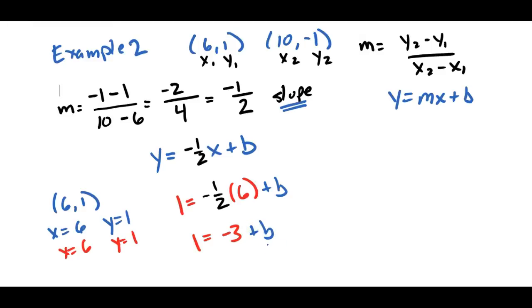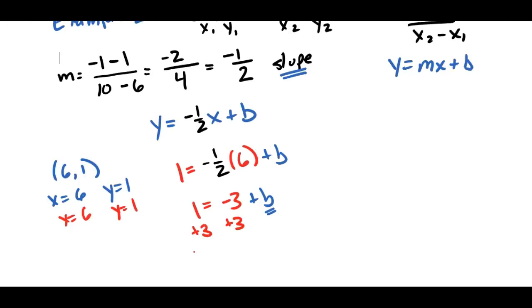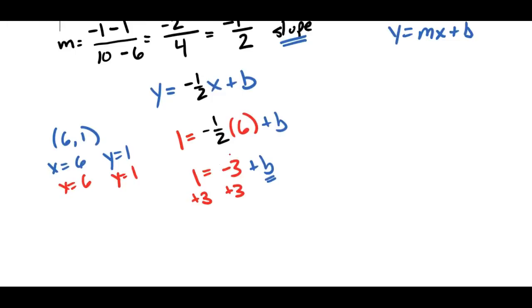Now I want to solve for b. I want to get b by itself. So we're going to add 3 to both sides. So what we get is that b is equal to 4.